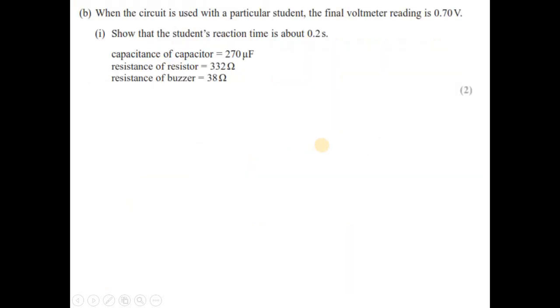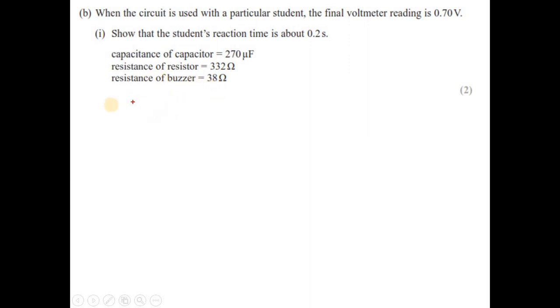Part B. When the circuit is used with a particular student, the final voltmeter reading is 0.7 volt. Show that the student's reaction time is about 0.2 second. The capacitance of the capacitor is 270 microfarad, the resistance of the resistor is 332 ohm, and the resistance of the buzzer is 38 ohm. So we need to figure out the reaction time.